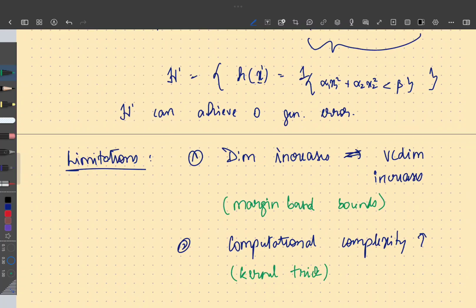But that's not true in practice, right? Because sometimes, let's say you have a text document. You need a way of embedding these text documents into some real space, right? So you need to find an embedding in the first place. And these kernel methods, as we'll see, will also help us design such embeddings.